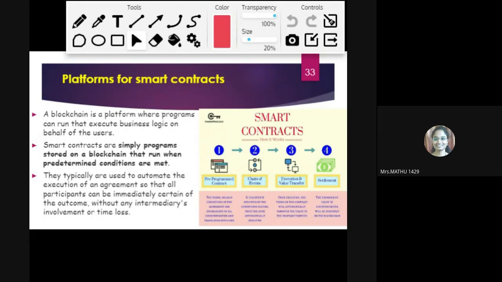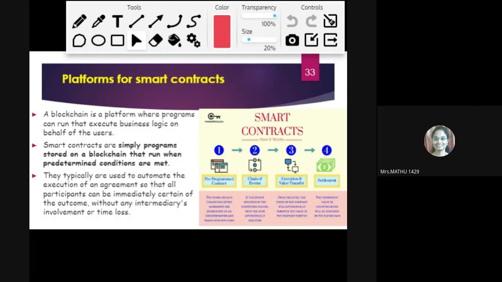The property now belongs to party B. This will be recorded as a transaction in the blockchain. So now party B becomes the owner of the land, and party A has received the amount and has transferred the required documents to party B.